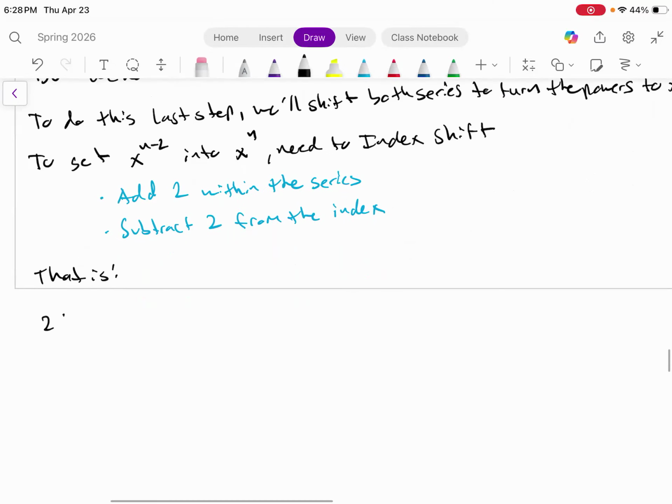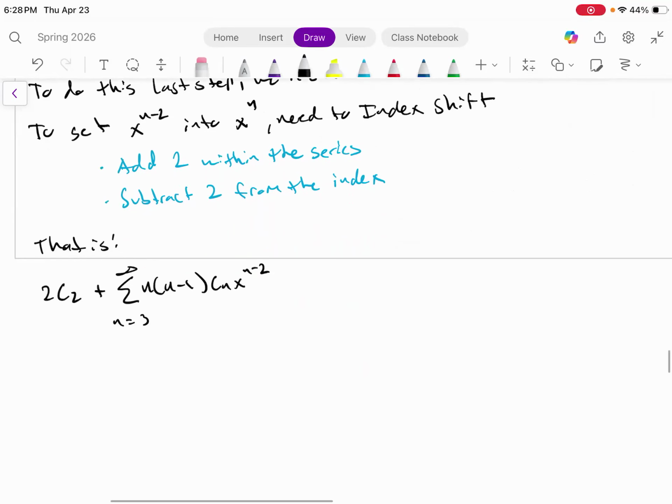So we have 2c2 plus the series n equals 3 to infinity, n times n minus 1, c sub n, x to the n minus 2, plus a series n equals 3 to infinity, c sub n minus 3, x to the n minus 2.